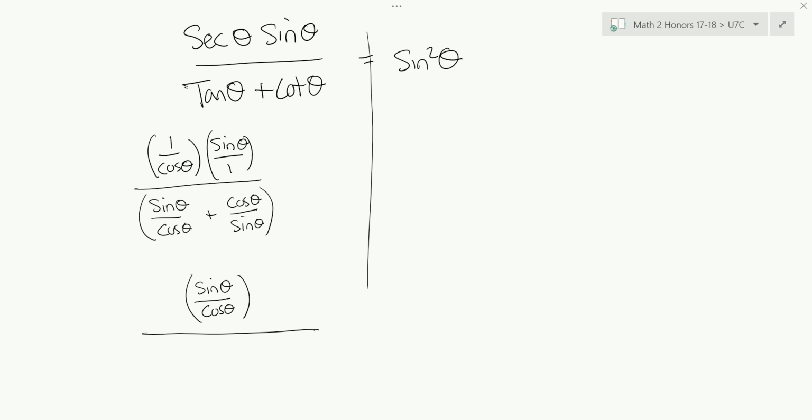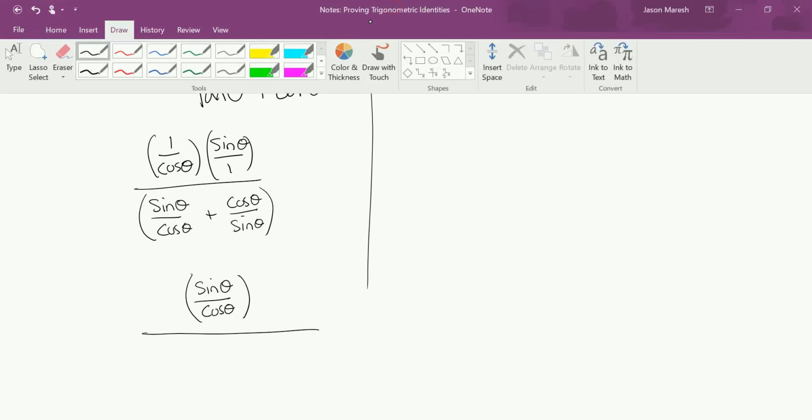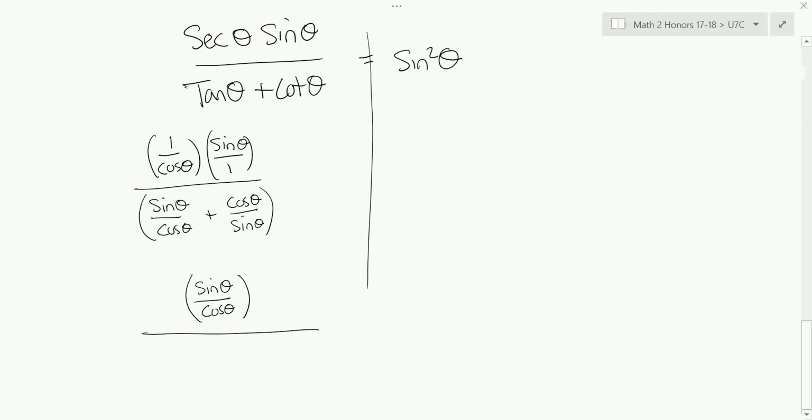When you add fractions, you need a common denominator, right? So what should our common denominator be? What do we need to multiply the top and bottom of that first fraction by? Sine theta. The second fraction by cosine theta.